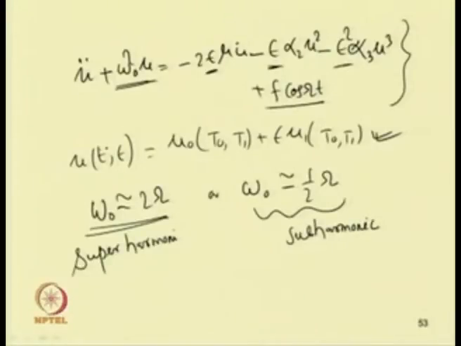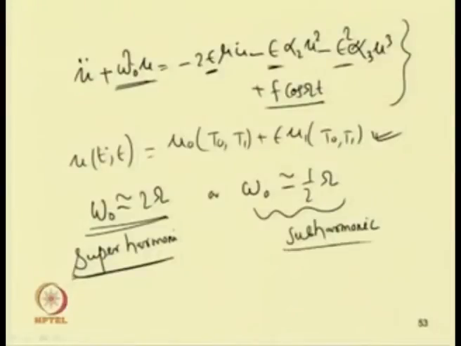So, similar to the case of cubic nonlinearity, in this case of both cubic and quadratic nonlinearity also, one can study the effect of superharmonic and subharmonic resonance conditions. In case of the superharmonic resonance condition, if one proceeds, one can see the response can be obtained in this way.